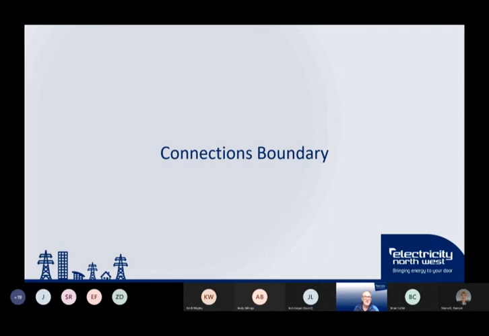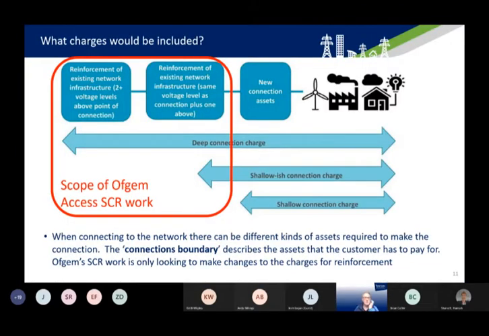Okay, so we'll start with the connections boundary, which is probably the most significant bit for most people on the call, really. So I suppose just a bit of terminology as to what I mean when I'm talking about connection boundary. When we're connecting people currently, there are what are called deep connection charges, shallowest connection charges, and shallow.